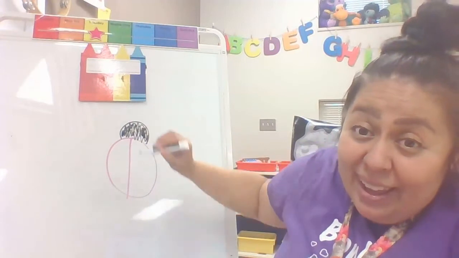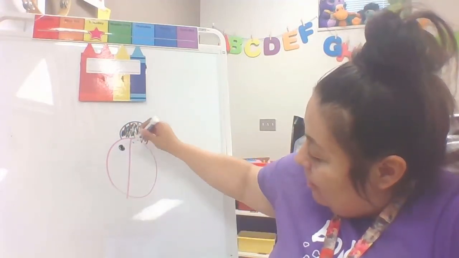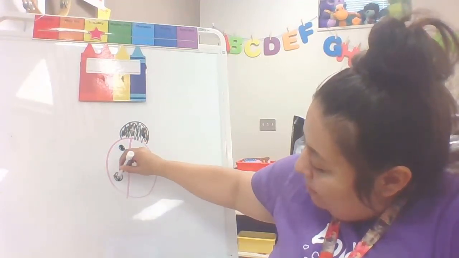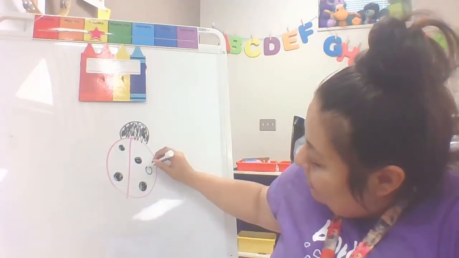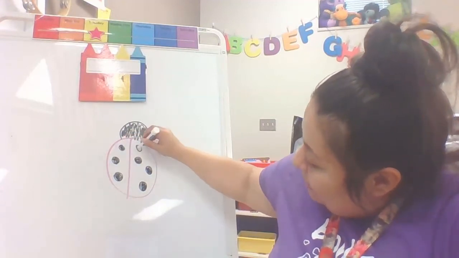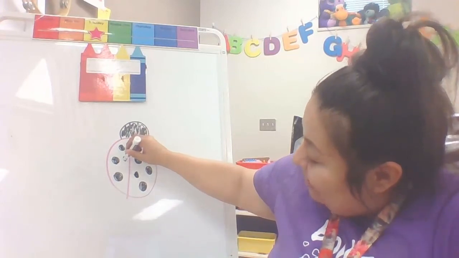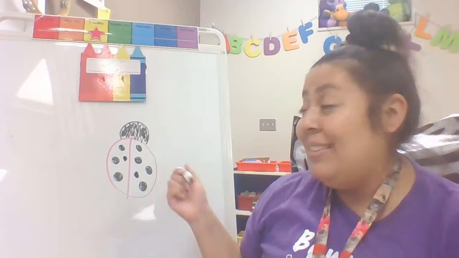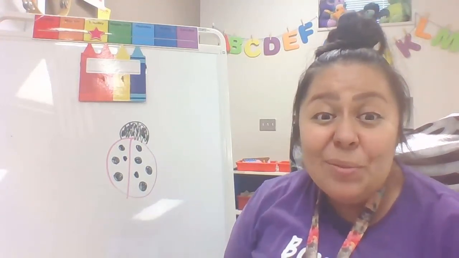One of them is going to be the head. Then I'm going to make 2, 3, 4, 5, 6, 7, 8, 9, 10. I used 10 black dots to make a ladybug. That's what I used my 10 black dots for.